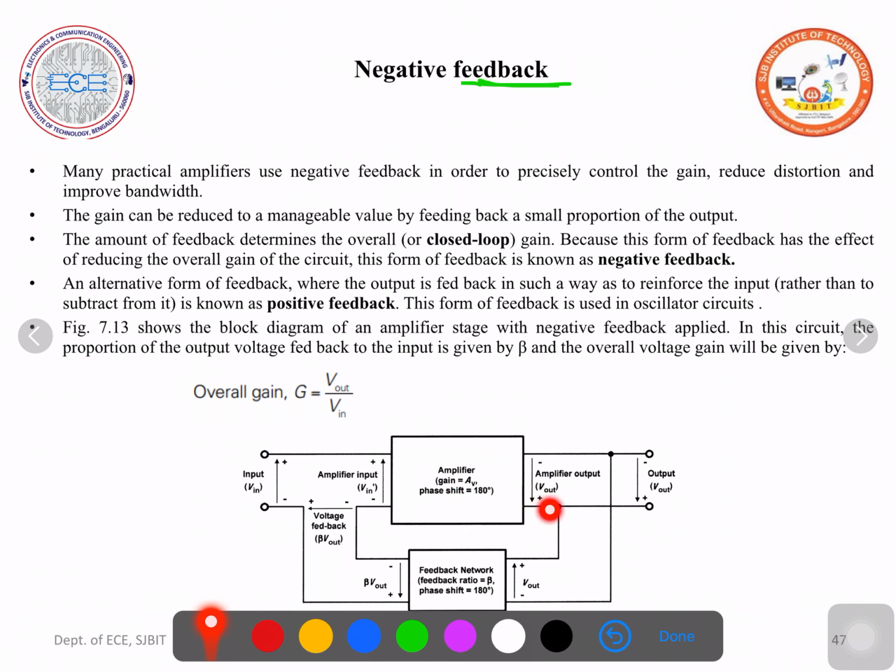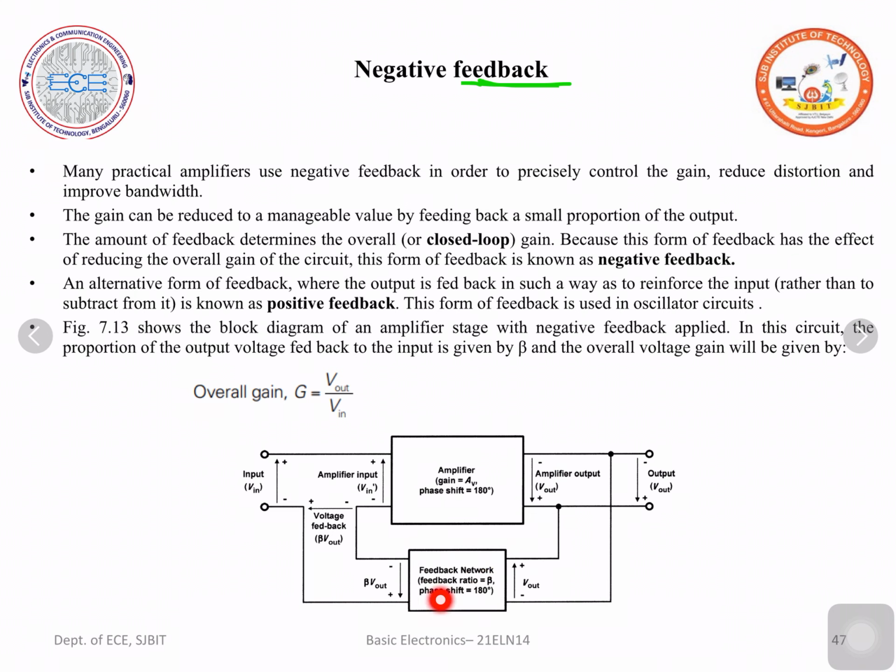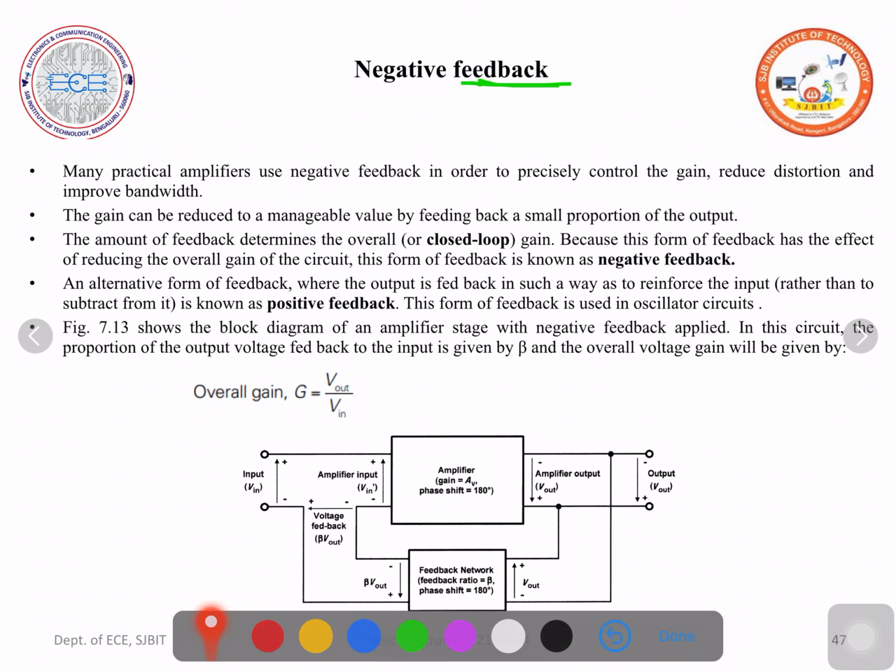The output voltage is V out if the input voltage to the basic amplifier is V in dash. This is the basic amplifier whose input is V in dash and output is V out. Some portion of the output is sampled by a feedback network whose feedback ratio is beta. Beta usually will be a fraction like 0.1, 0.2, 0.3, etc. Here there is a mistake in the prescribed textbook, your VTU prescribed textbook.